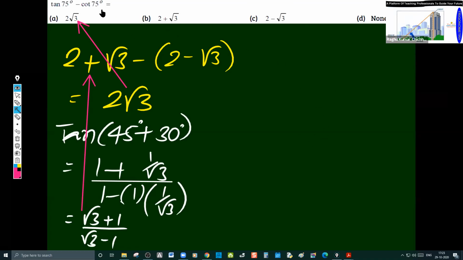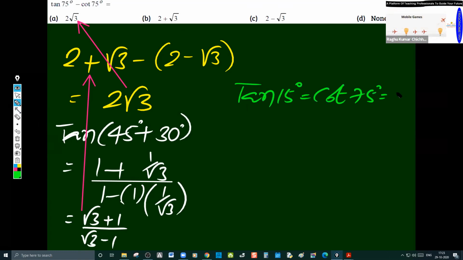If A plus B is 90 degrees, you can write this 75 as 90 minus 15. That's the reason why tan 75 value and cot 15 value are the same. Similarly, tan 15 value and cot 75 value are the same.